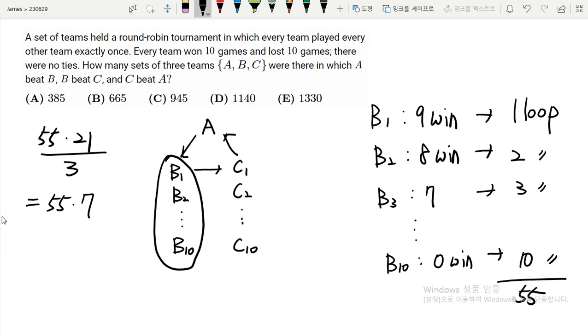From the choices, which one is the product of 55 and 7? Can you multiply 55 and 7? Yep, so the choice is A.